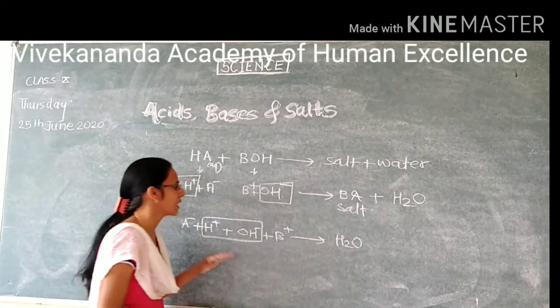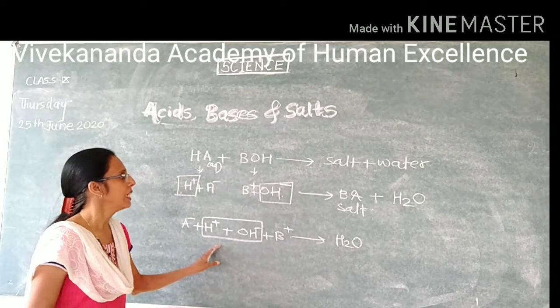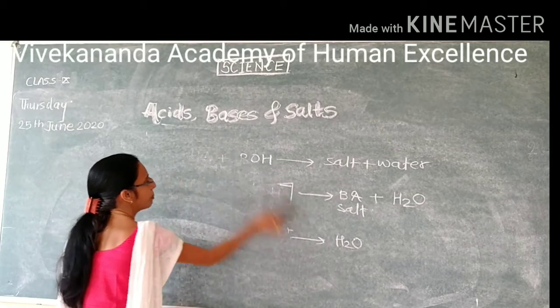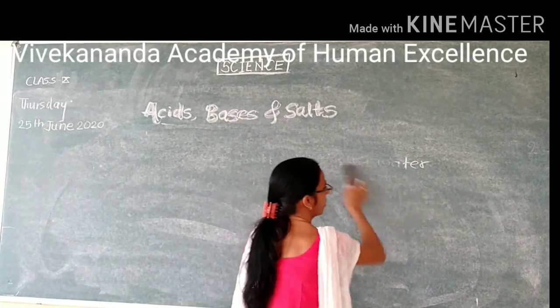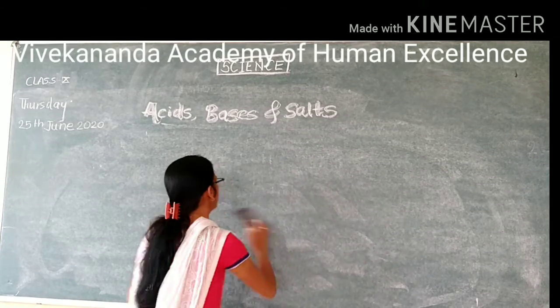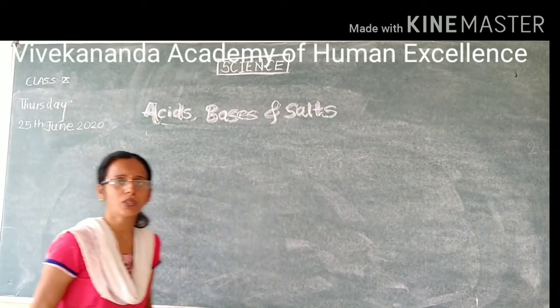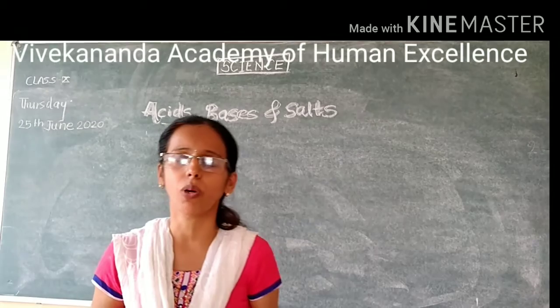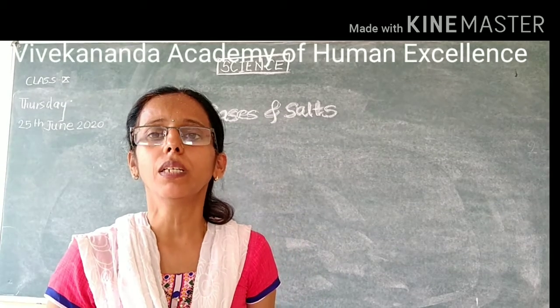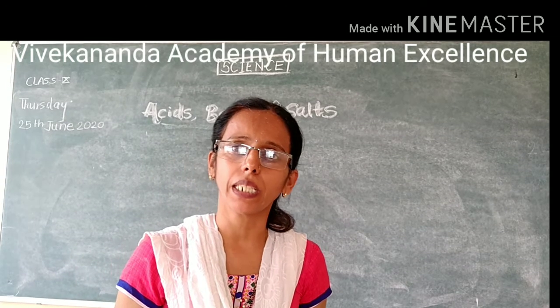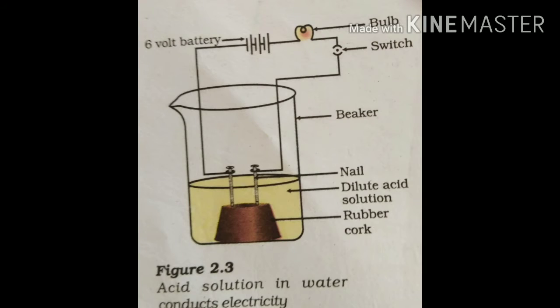In this way, we can see the neutralization reaction of acids and bases giving salt. So what is common in acids and bases is that when dissolved in water or diluted, they separate into ions, positive and negative. Because acids and bases get ionized in aqueous solution, they conduct electricity in water solution.